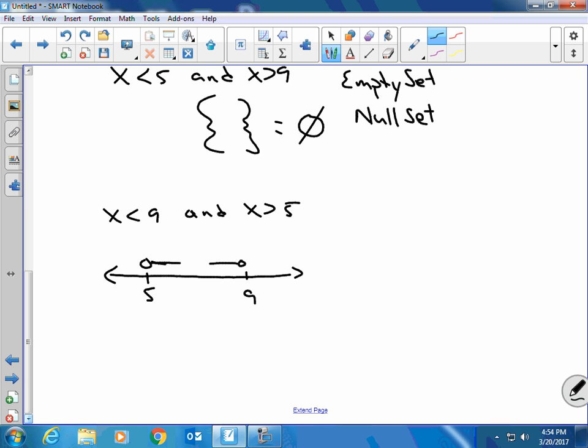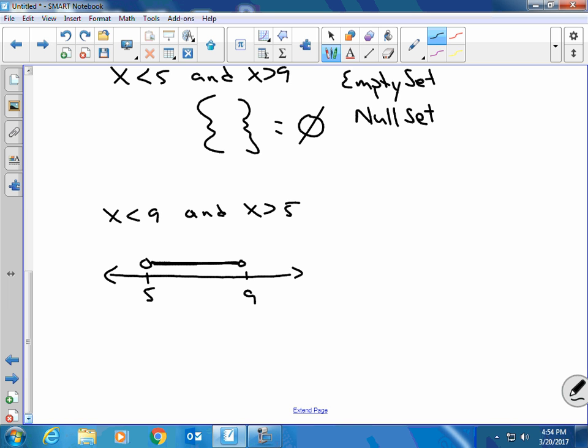I want the overlap of those two, so the intersection of those two would be right here. Don't include the endpoints, so I have open circles. Include everything that is less than 9 and at the same time greater than 5.